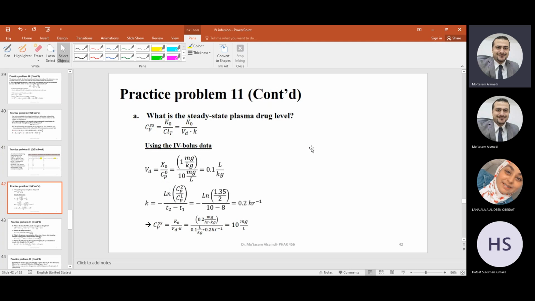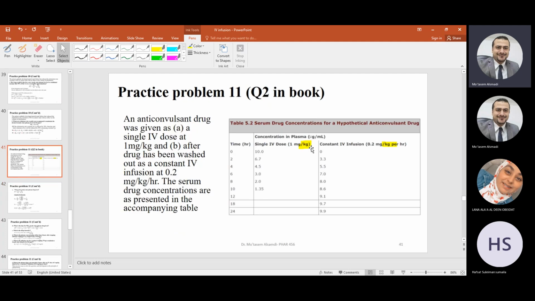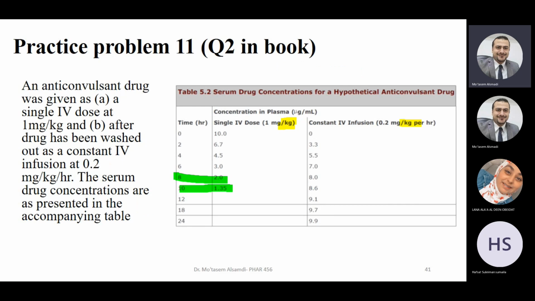So the K is equal to minus natural log of CP2 divided by CP1, divided by T2 minus T1. I choose to use the last 2 time points. So CP last is equal to 1.35.